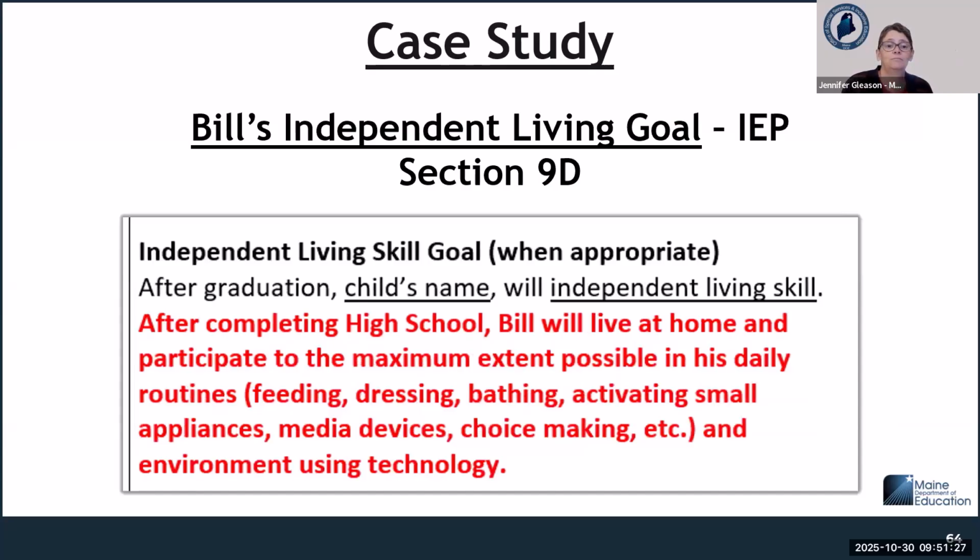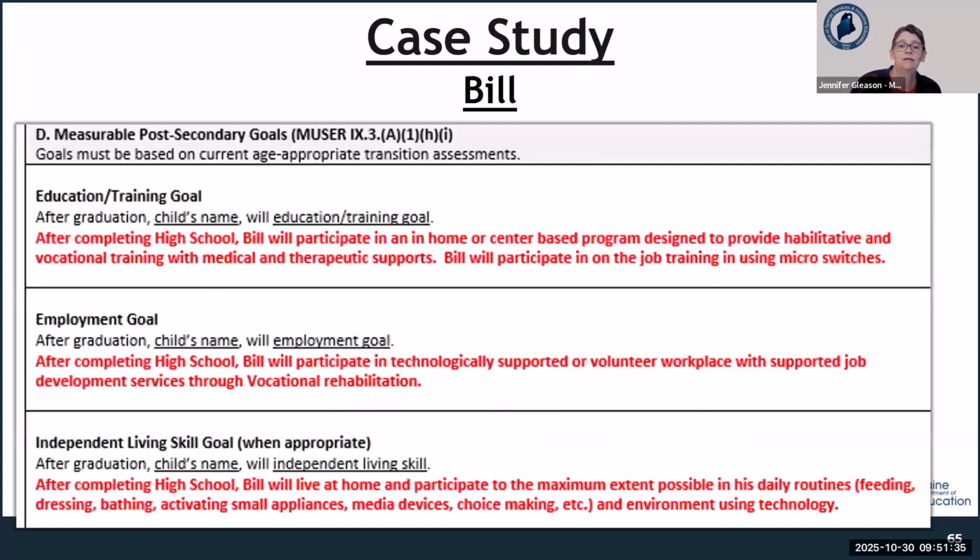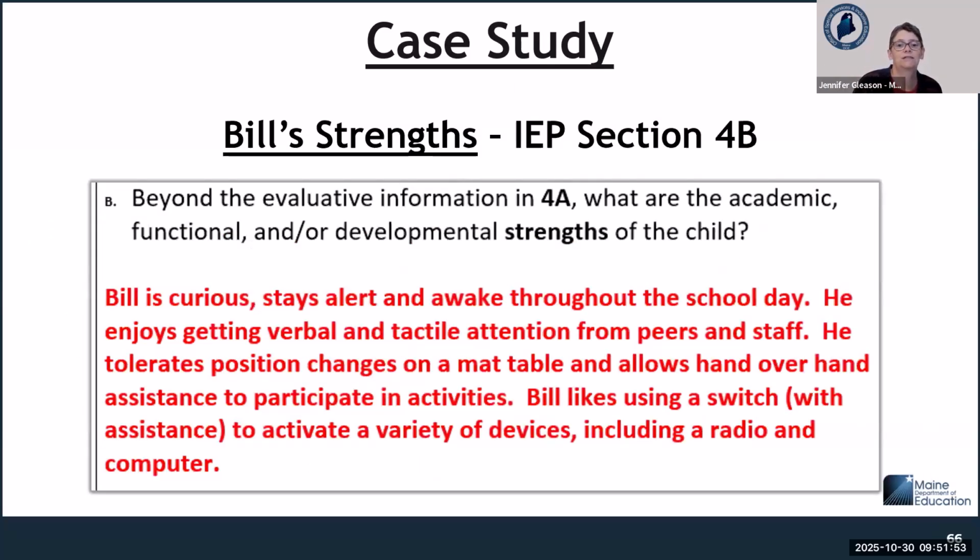And he's going to live at home, participating to the maximum extent possible in his daily routines. So they're pretty basic goals, but they are true post-secondary goals. And they take his desires, what he wants, what he likes to do, his interests.